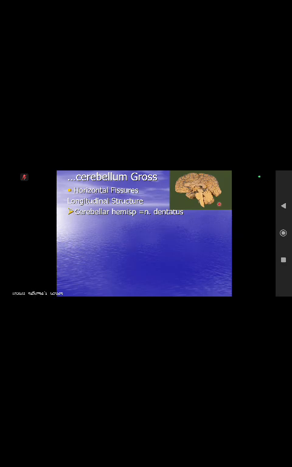Internally, right in the core of the cerebellum, is the first migration of cells from the matrix zone during the development of the cerebellum. These formed the mantle zone. What remains as the mantle zone are actually the nuclei of the cerebellum.